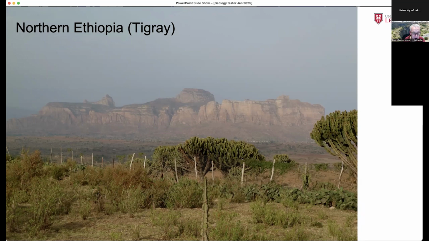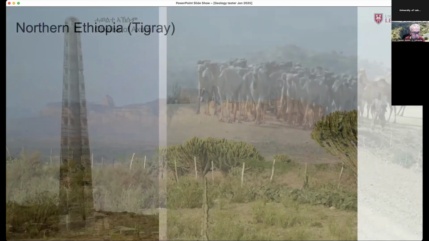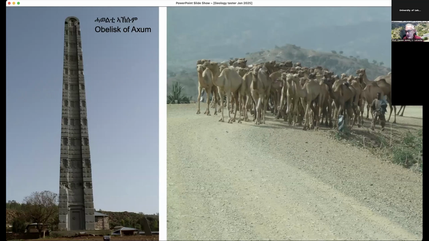We got pretty wet when we were there too, but it's beautiful country, dramatic, very ancient civilization with its own culture and fantastic, very different alphabet with these fantastic squiggly Amharic script. This is in Axum, this obelisk that's very very famous.